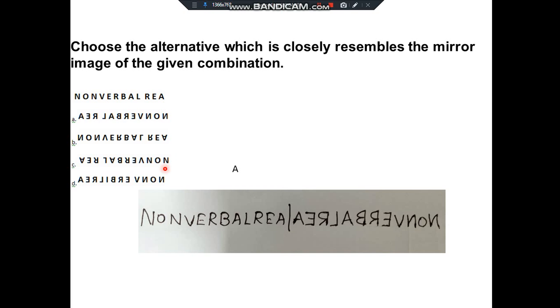But option C you can neglect because it has an inverted A. Then take only A and D into consideration. A, E, R, all okay. But option D is given with some other word. So neglecting option D, only option A suits, which is the right answer.